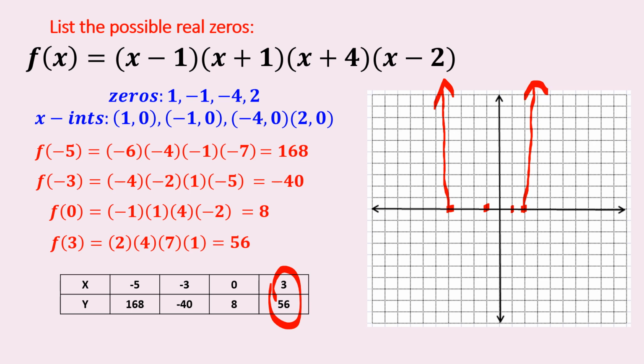Now we know it's just going to kind of snake through these other points. So we have a negative 3, negative 40. If these are 5 each, that would be at 8 blocks down. So we're here. And 0, 8, that would be about there. So it's going to go through this, down to there, back up, and snake back around.